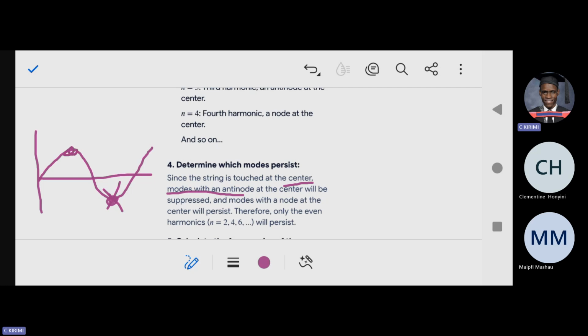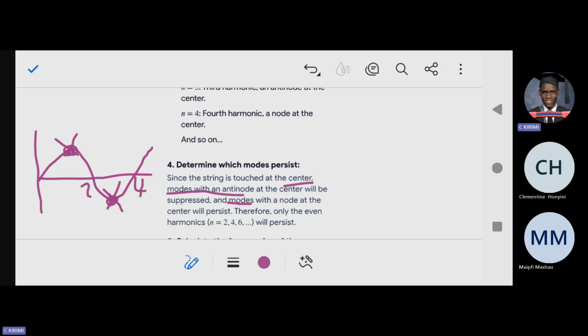This is an antinode, it's being suppressed. So we are only considering 2, we ignore 3, we go to 4. 1, we have already ignored it. So we are only considering even numbers. That's why they are saying the modes with a node at the center will persist.